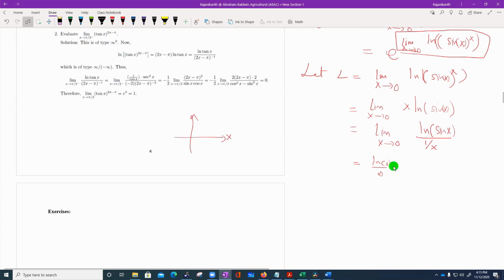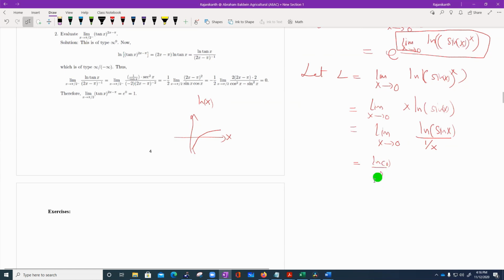It is going like that. When x goes to 0, the function goes to negative infinity. Do you remember? So ln 0 is basically negative infinity. So this is now infinity over infinity form.